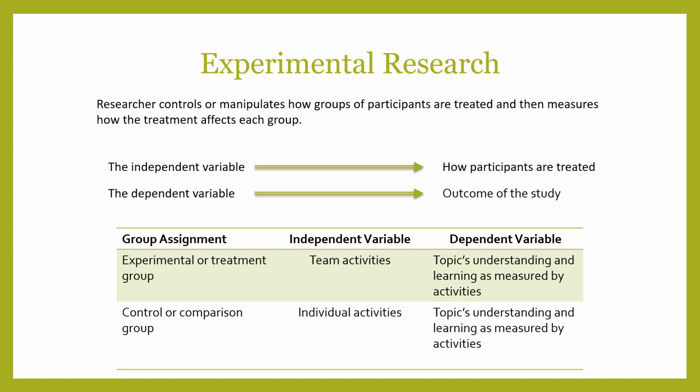I mean, the students are going to be working in groups in the experimental group and working alone in the control group, to know if the topic's understanding and learning is better maybe in the team activities or working alone. That is going to be measured by those activities.